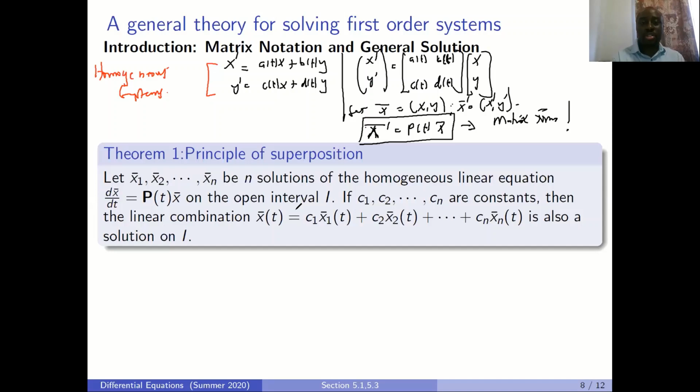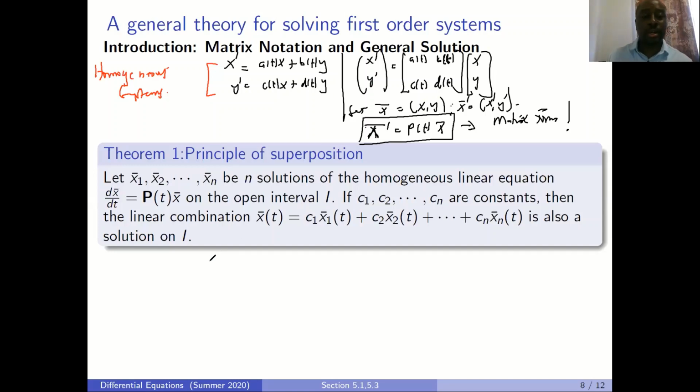And so the question is, does the principle of superposition hold for a first order homogeneous system of differential equations? Because if it holds, then there is a promise of being able to impose the vector space structure onto this system of equations. Now the good news is the principle of superposition holds, and we can prove it.